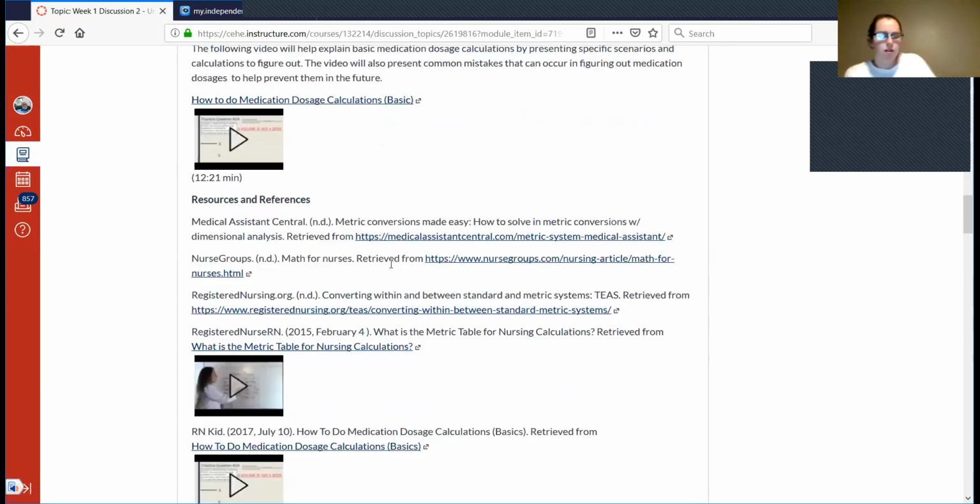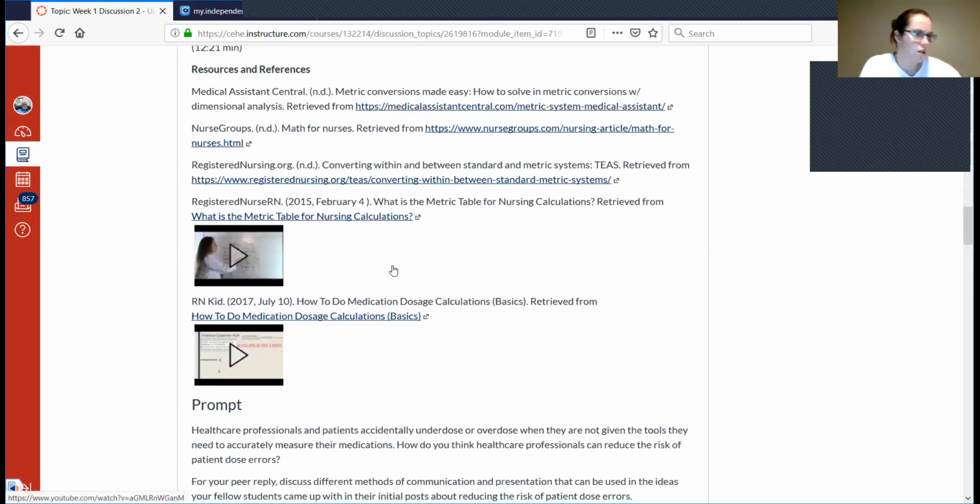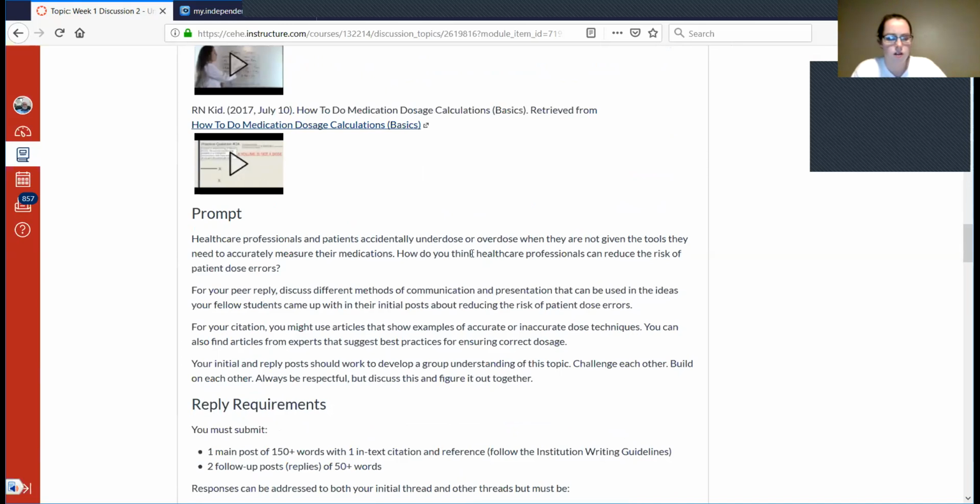And again, the prompt is to look at how you can reduce error risk in calculating dosages, because it is so easy to make those mistakes.